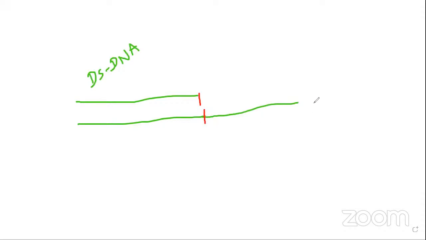From this end part there is a small extension of the double stranded DNA molecule. This is called the sticky end. This portion is called the sticky end.